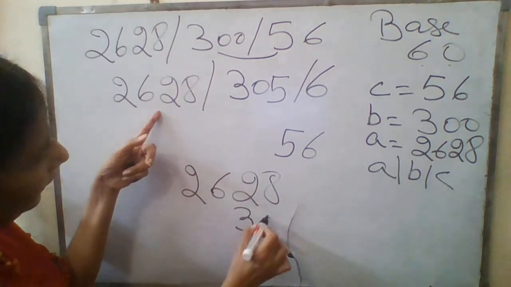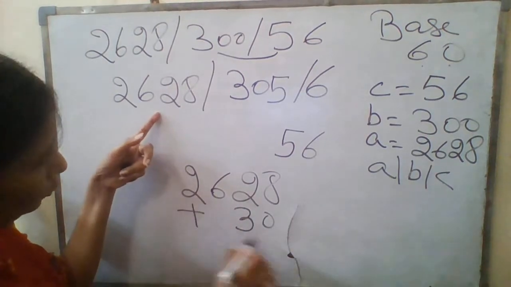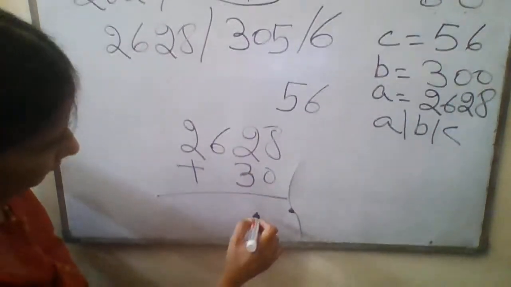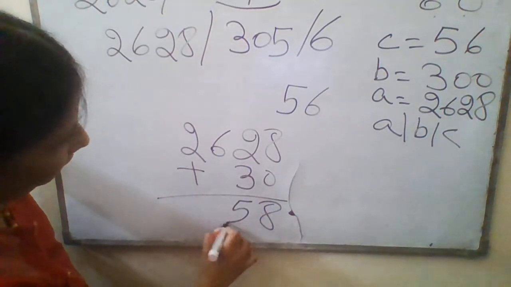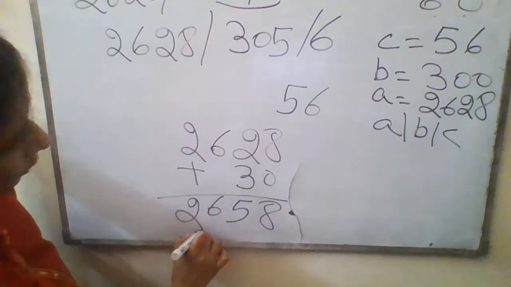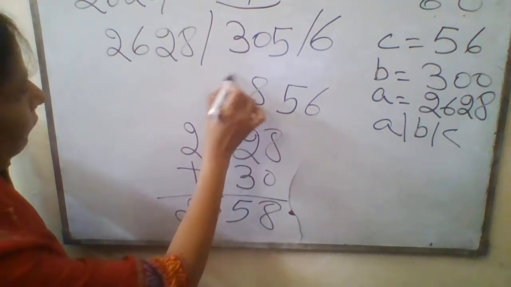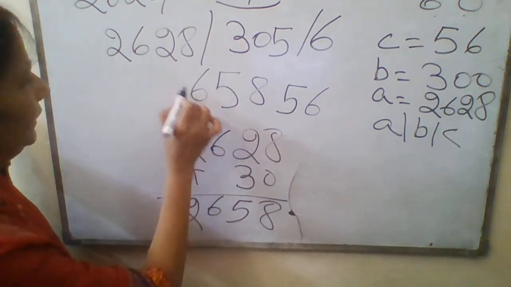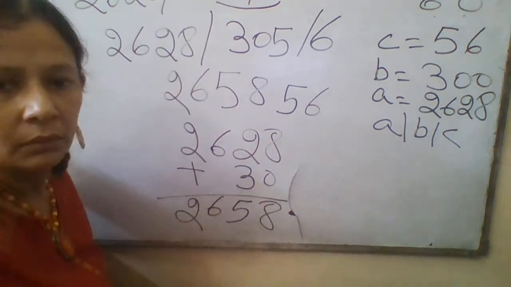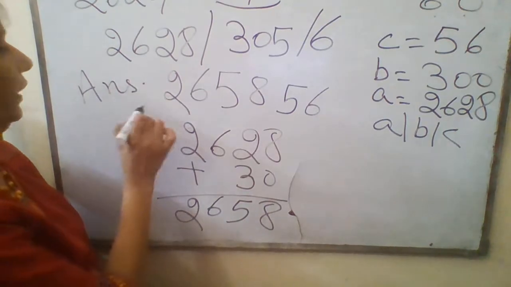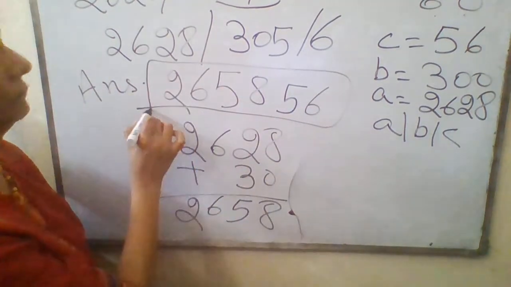You will add this 30 with this 2628. So what will you get? Here 8, here 5, here 6, here 2. Okay, and this you will write down here, 8, 5, 6, 2. And now this is your final answer. Okay.